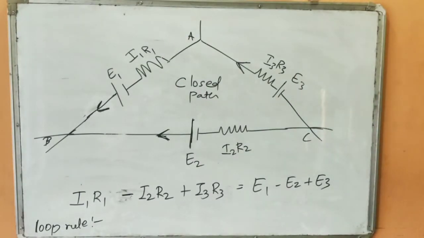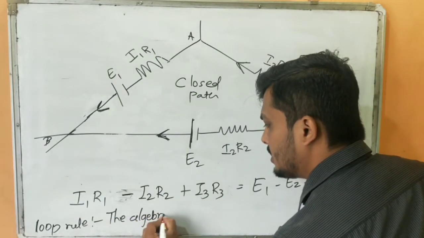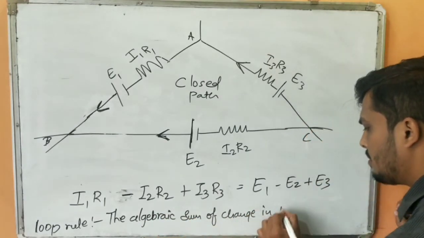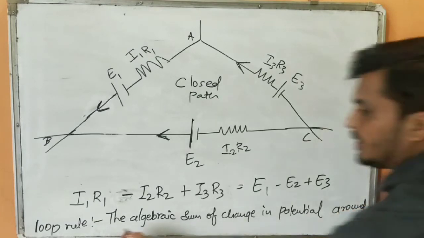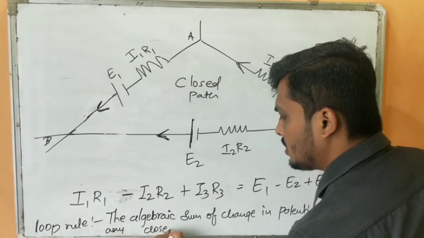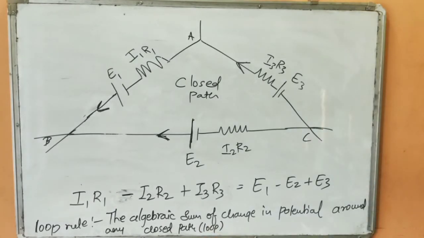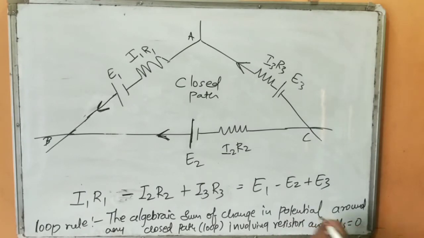So the loop rule, what it states: the algebraic sum of change in potential around any closed path or loop involving resistors and cells will be equal to 0.